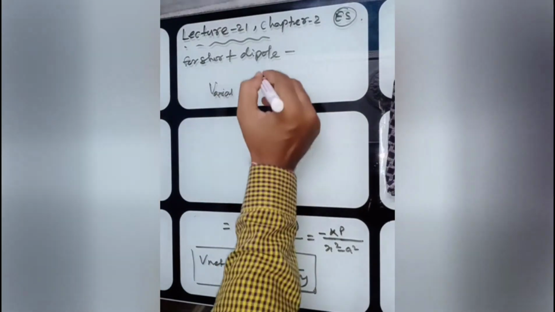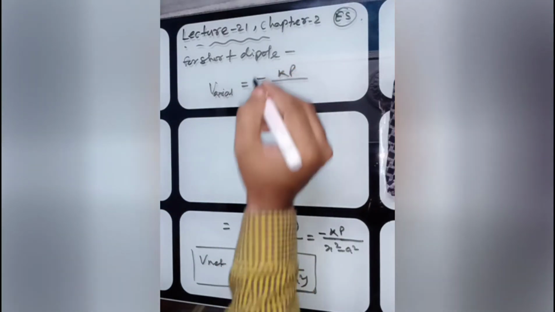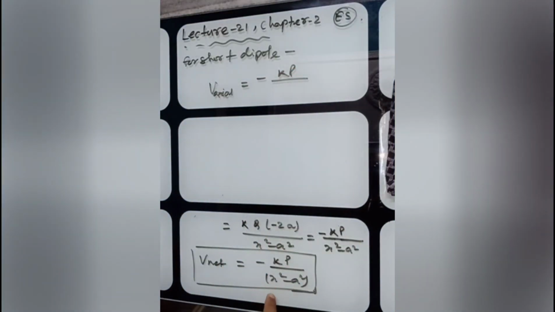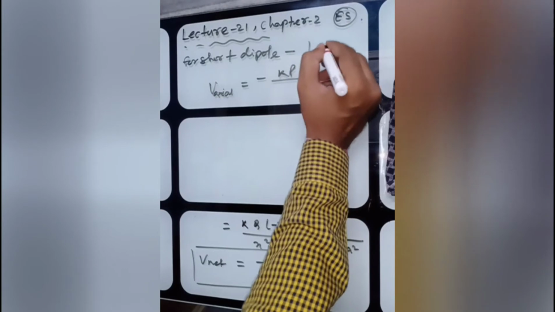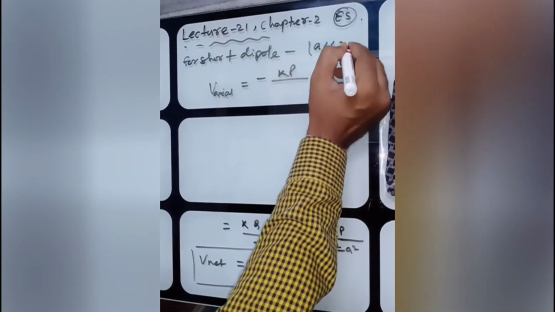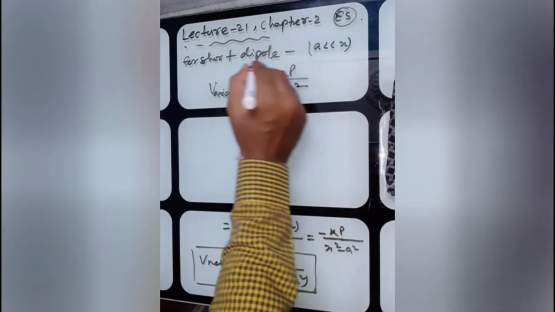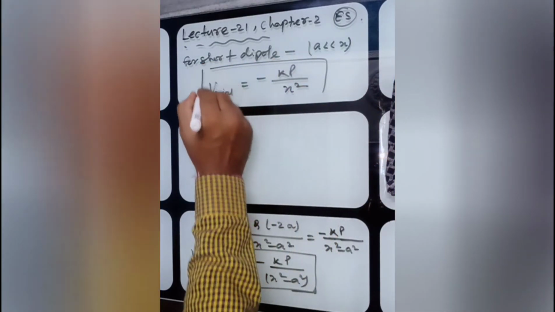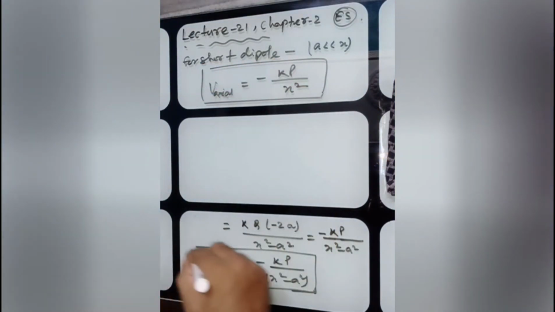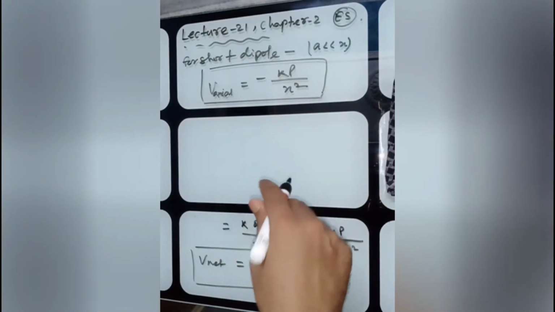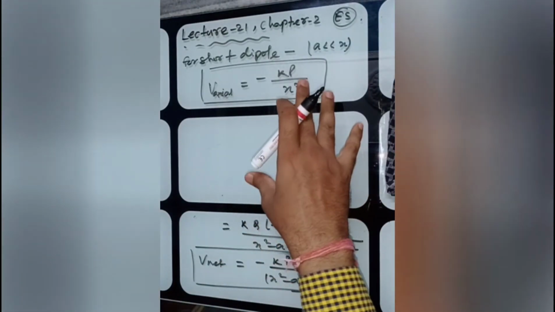It is minus Kp by, for a short dipole, that a was half of the dipole length, which is very small. Here for a short dipole you can write a is much less than x, and this a can be neglected in x square. So minus Kp by x square.